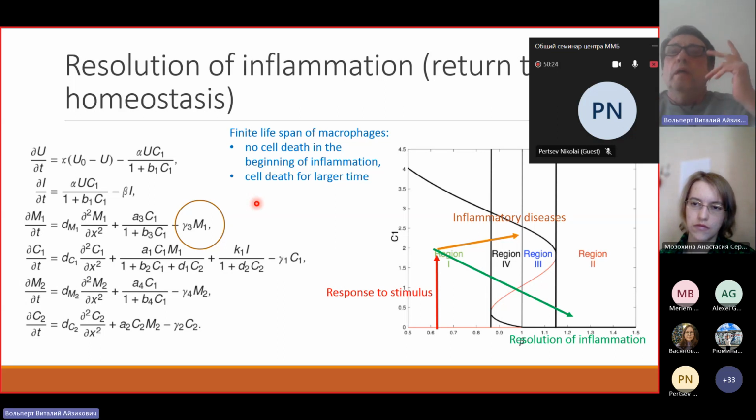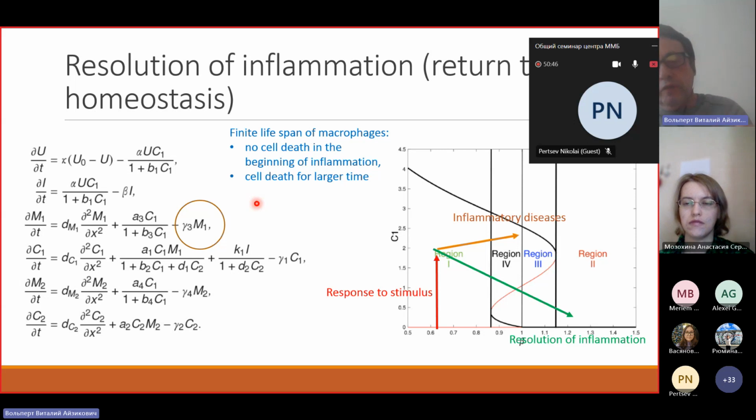So we need to understand that. And rather often, resident macrophages can also be of two types, pro and anti-inflammatory, but rather often, at least in the literature we just studied, they are associated with anti-inflammatory response, and circulating macrophages are rather often associated with pro-inflammatory response. So what happens when the inflammation begins?